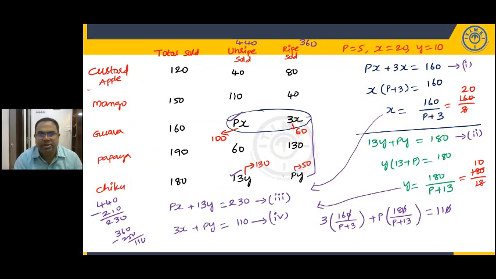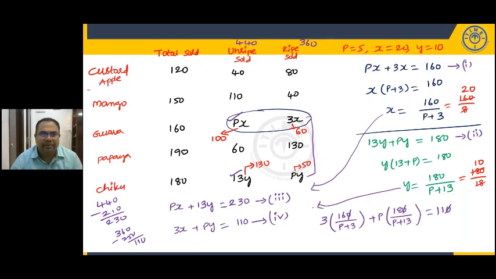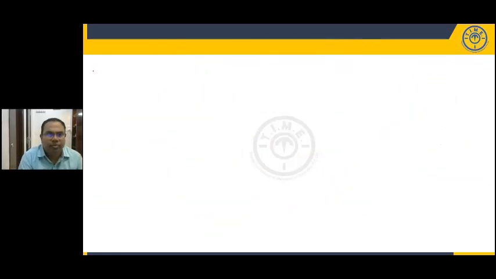Now we got these values, so I'll put it here. Custard apple, mango, guava, papaya, chiku. It takes time.